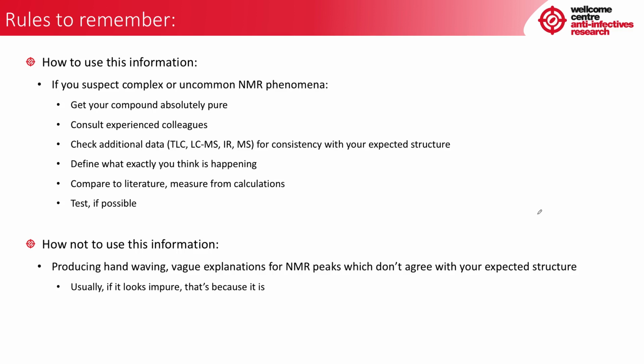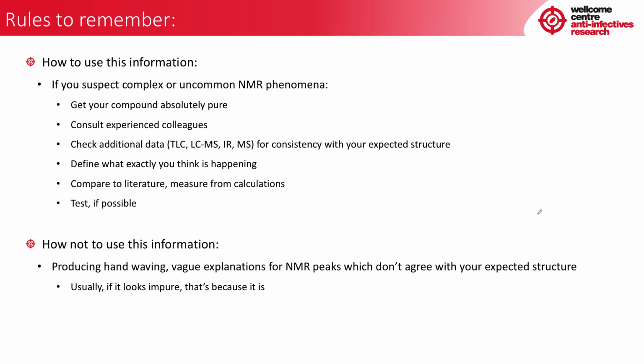I just want to caution about how not to use this information, because it's very tempting when you have lots of bits and pieces of information like this to use it to produce kind of vague explanations for things that don't make sense in your NMR data.